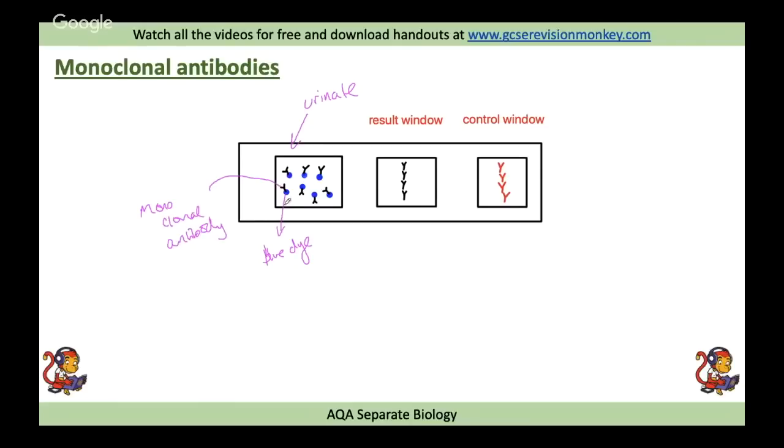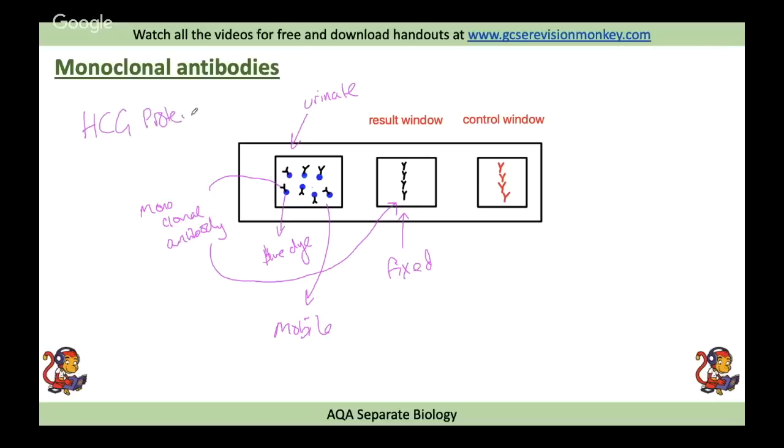Now, in this stage, these blue beads and the monoclonal antibody can move, so we call these mobile, whereas in this stage, they are the same antibodies, okay, so still the monoclonal antibodies that we're looking for, but they're in a fixed position. Now, these monoclonal antibodies are going to match up with a protein called the HCG protein.